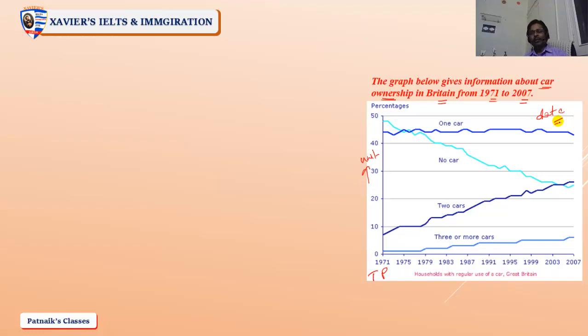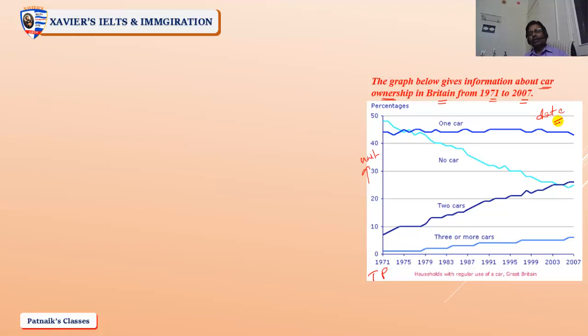So we include the heading of the graph, or the information given in the heading, and rephrase it wherever possible. We will use different words, but without changing the meaning of the heading, the question, the task. And then based on the graph, we'll see what else to include and how to include it.